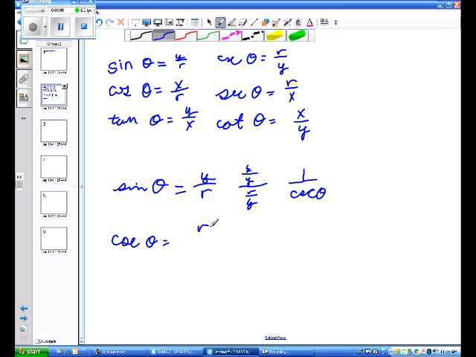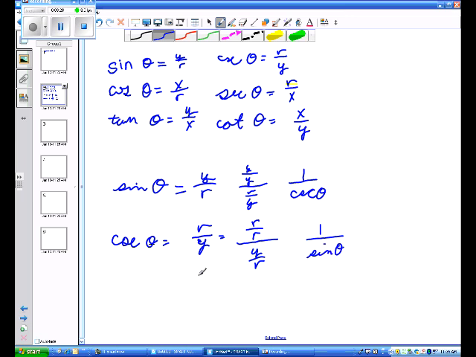And the cosecant is r over y. And in this case, let's divide both the numerator and denominator by r. Well, r divided by r is 1. Y divided by r is sine.